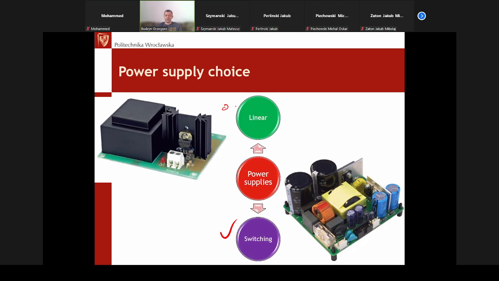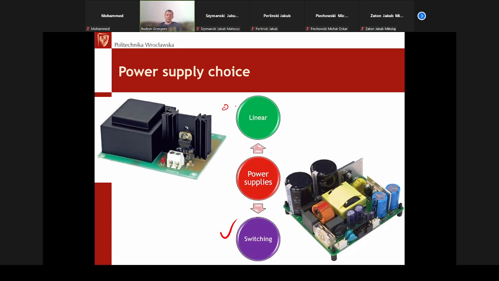You just need a transformer and some rectifying bridge, capacitors, and then a regulator, and it's done. Of course, if you design something new, then switching power supplies and switching regulators are offering more, very often today for less.